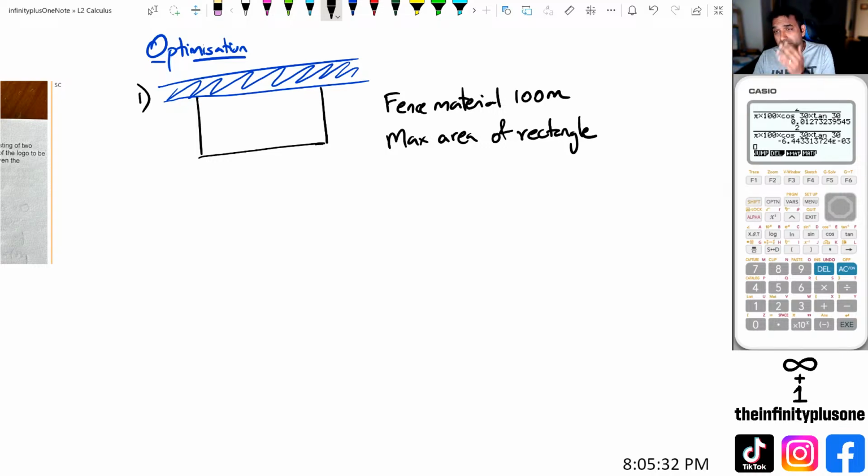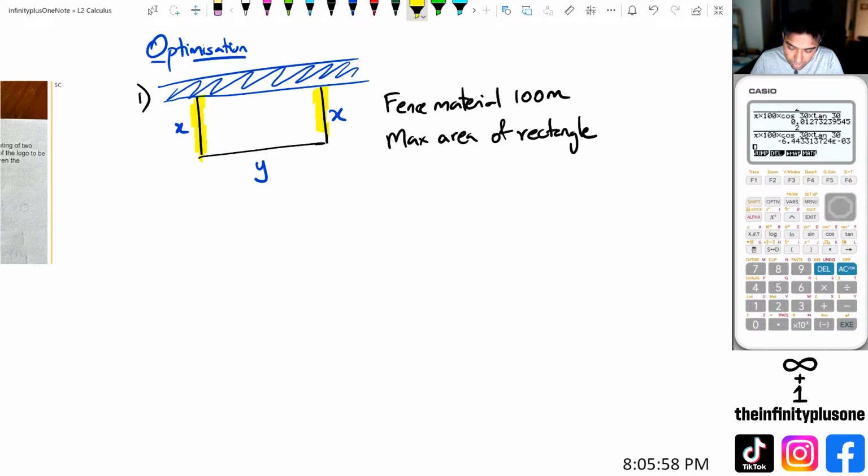Okay, so optimization, what you usually have to do is write an equation, eliminate one of the variables, and then find the maximum area or whatever it is that you have to find. So in this case, we're going to put these two sides as x and the bottom side as y.